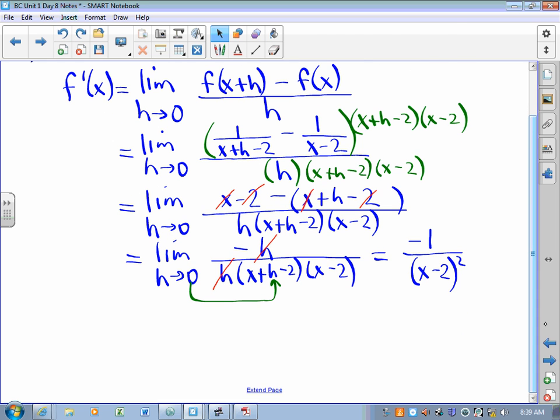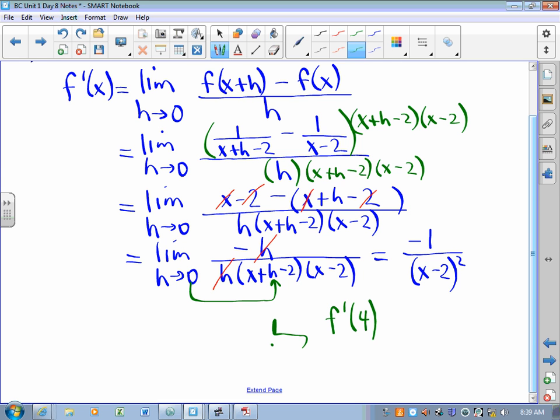So if I wanted to, as an extension, say I want the slope of the tangent line at x equals 4. Now I don't have to go back up to the top and run the whole definition again, f of 4 plus h minus f of 4 over h, take a limit.